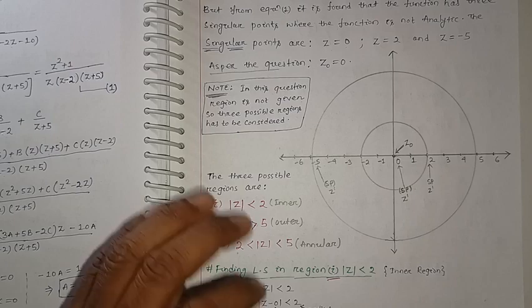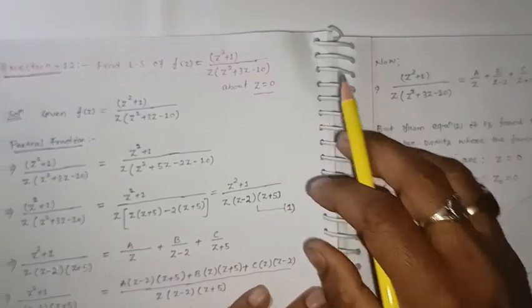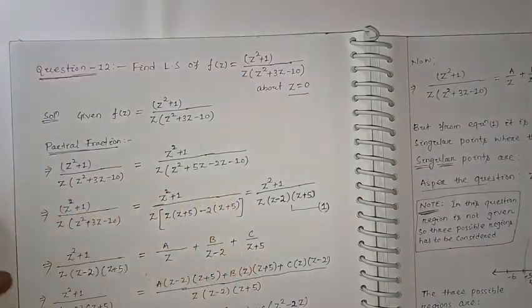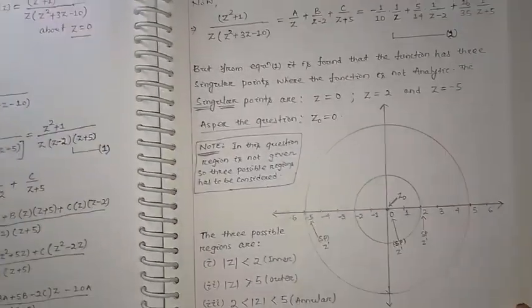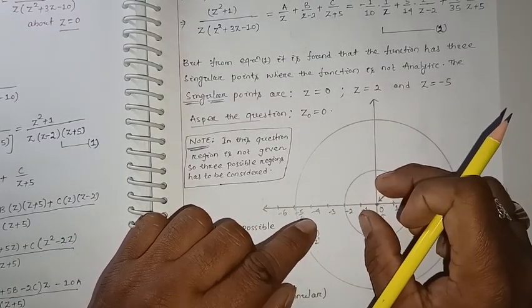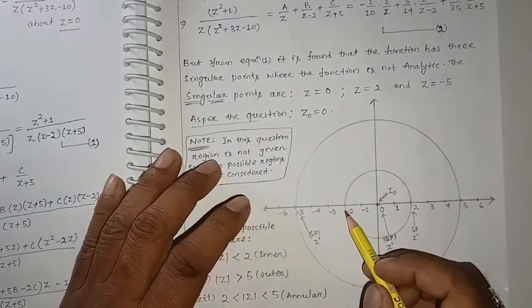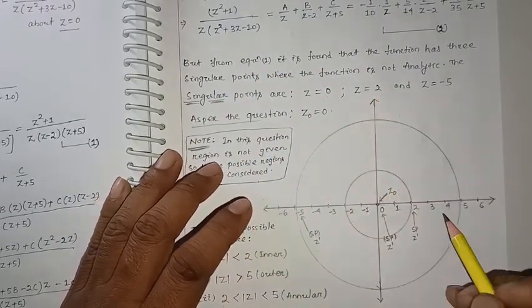In the question it has been given that we have to find the Laurent series about z equal to 0. Now, if the function spreads from the z equal to 0 point, it will interact with the first singular point.